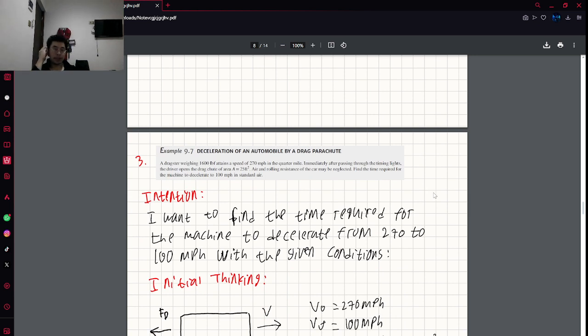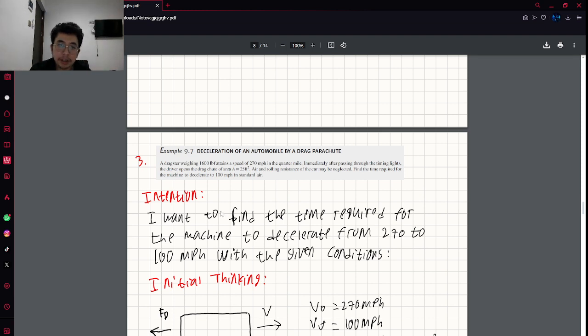Okay, so number 3 is we want to define the time required for the machine to decelerate from 270 miles per hour to 100 miles per hour, where the machine is a dragster weighing about 1,600 lbf, with a parachute to decelerate the vehicle, with an area of 25 feet squared.